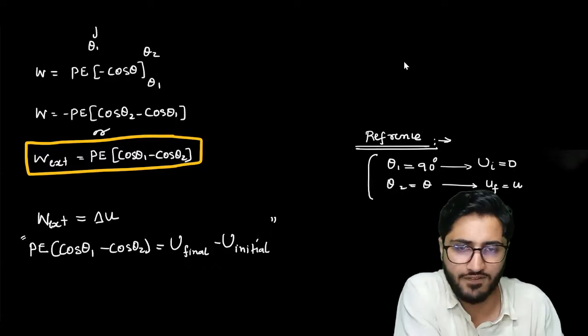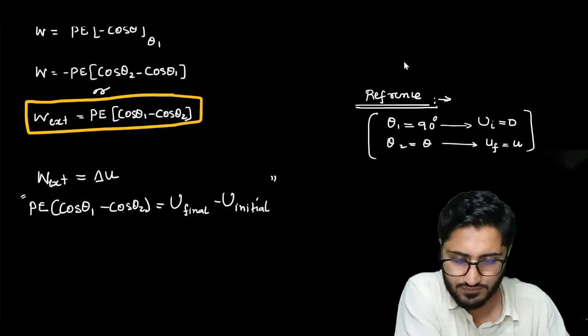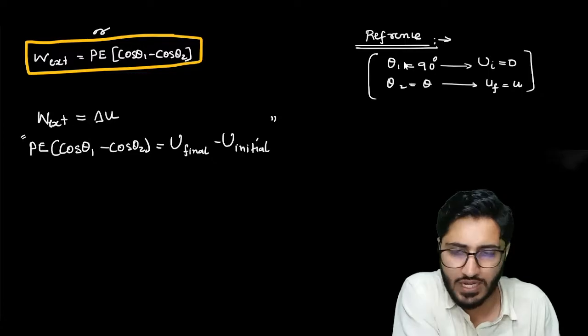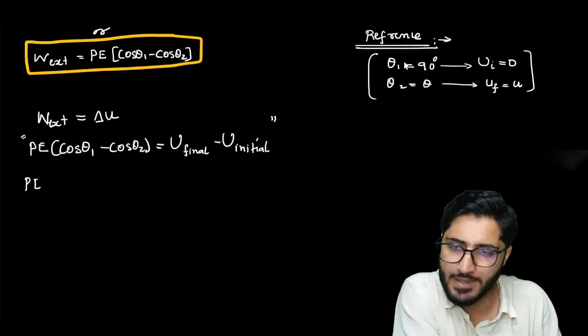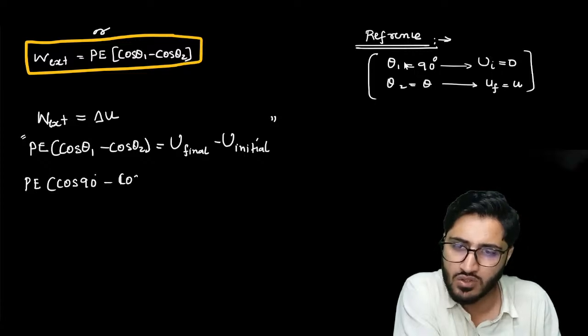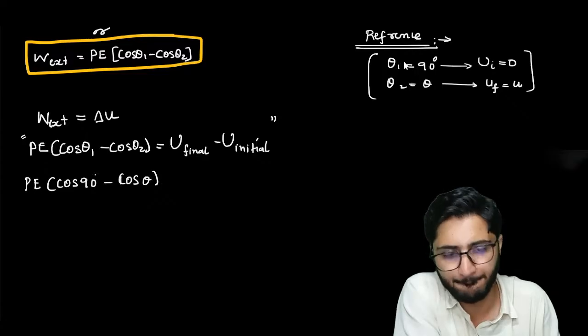As per the reference given by the NCERT, I need to write P E into cos 90 degrees minus cos theta equals U minus 0.